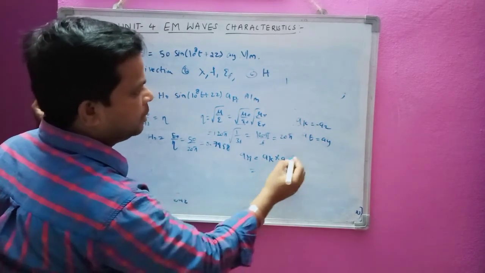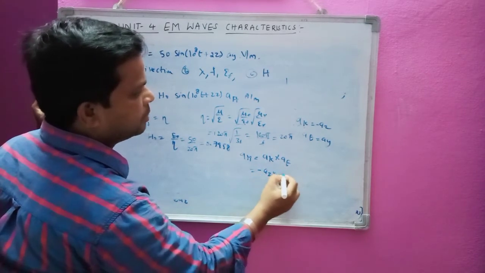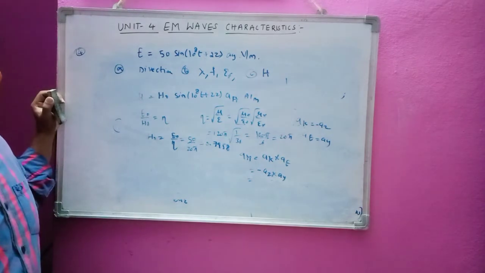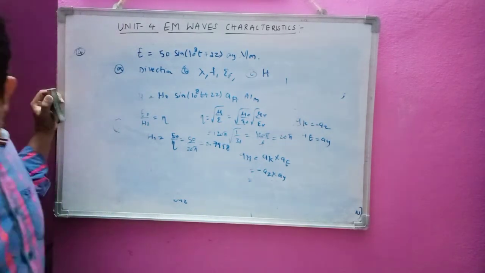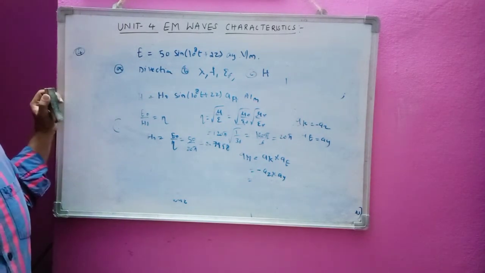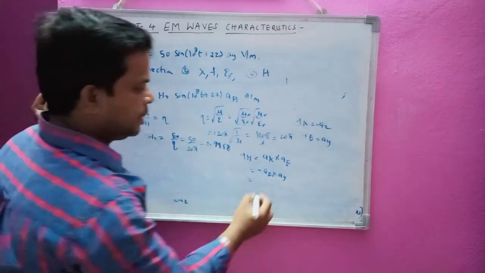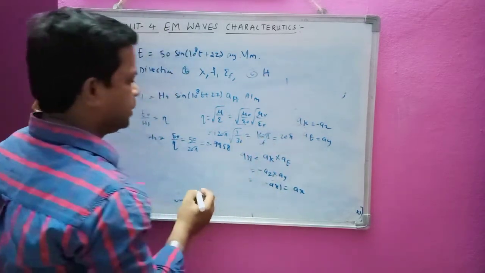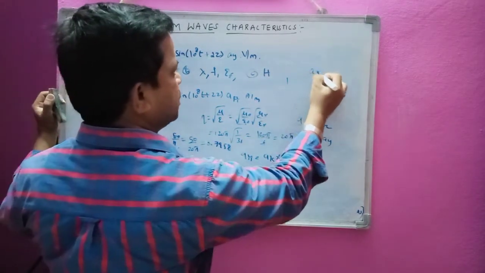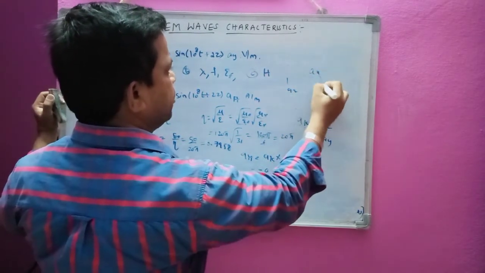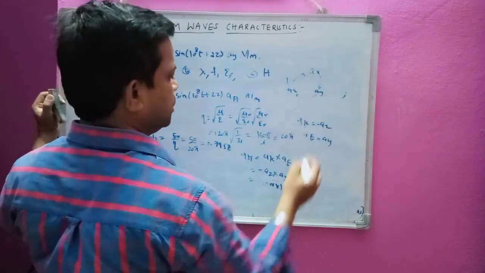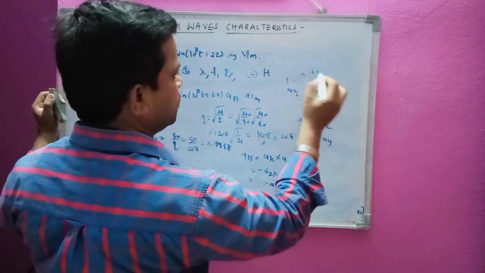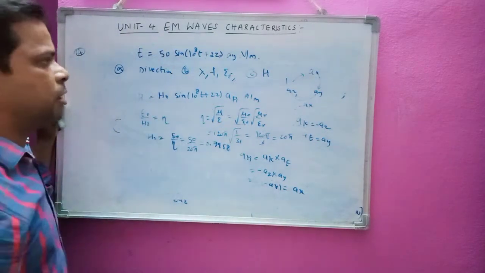So now I can calculate: minus of aZ cross aY. aZ cross aY is equal to minus aX, using the cyclic permutation aX, aY, aZ. So it is in the reverse direction.